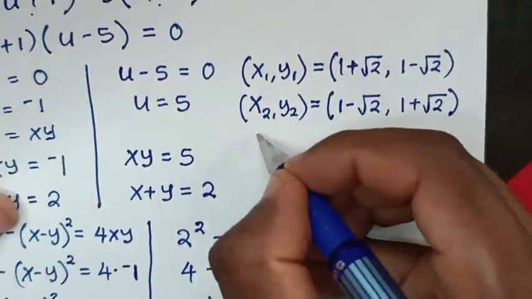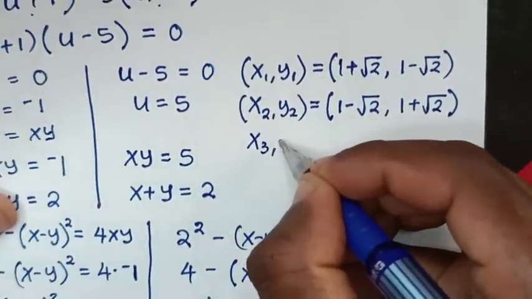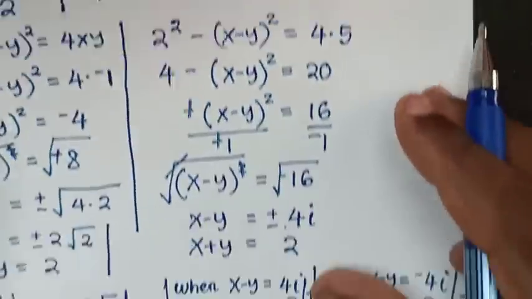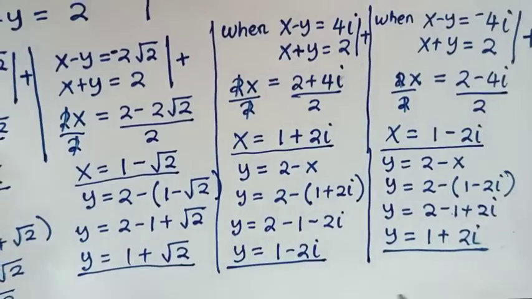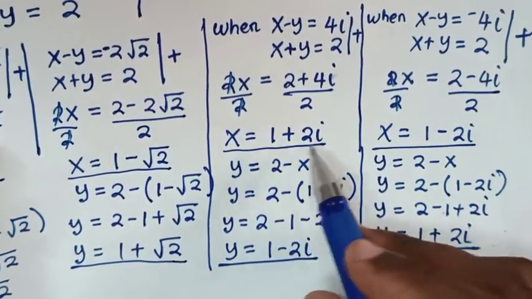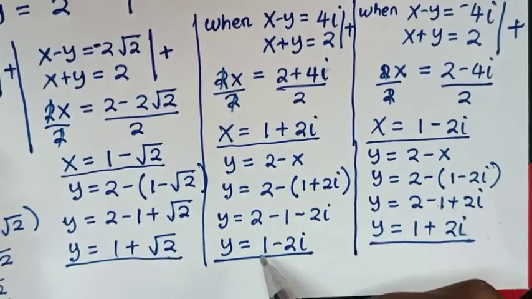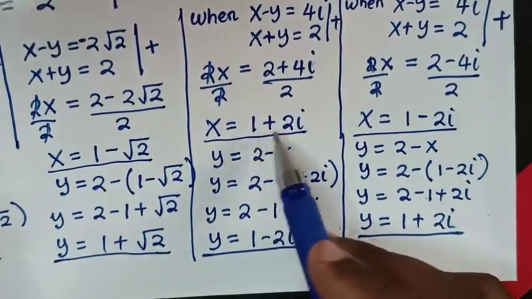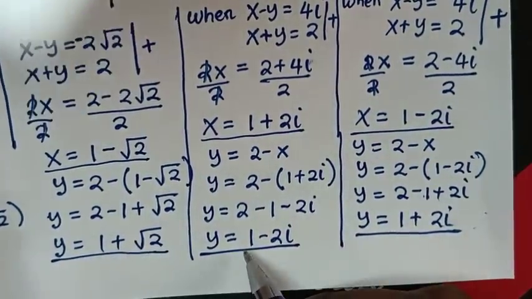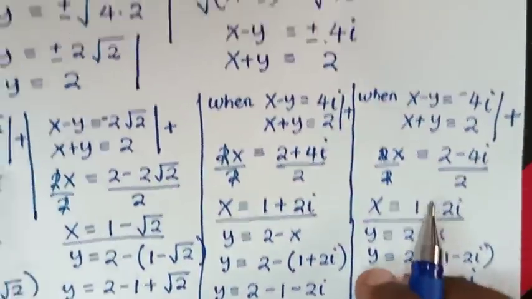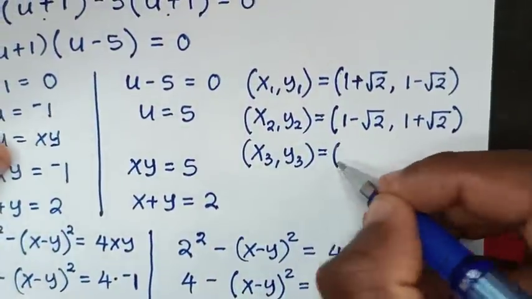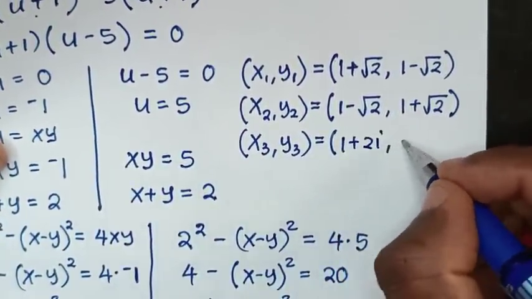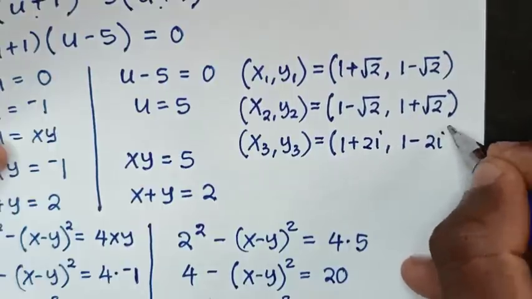And for the third solution, x3, y3 is equal to, when x is 1 plus 2i, y is 1 minus 2i. So bracket 1 plus 2i, 1 minus 2i.